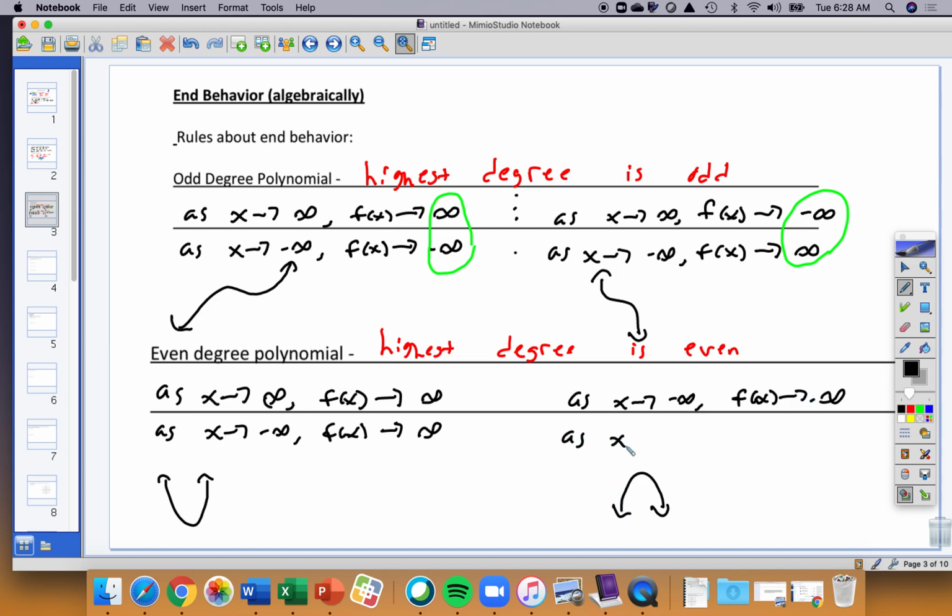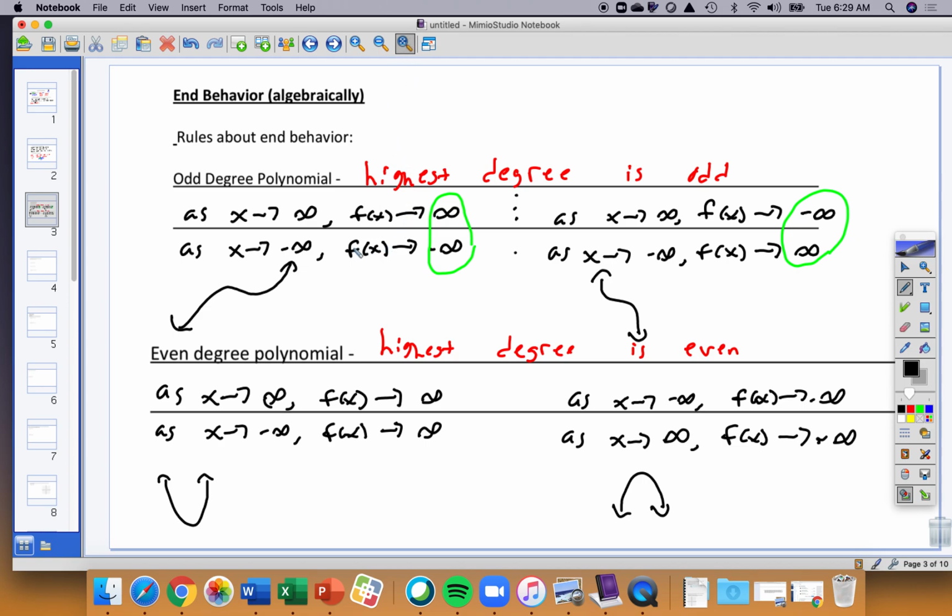Or as x approaches infinity, f of x approaches negative infinity. So I'm still going downwards. So I have the same end behavior, whereas here it's opposite, different directions. Now, how do I decide which one it is? If I have an odd degree polynomial, is it the first end behavior or second end behavior? Well, that all depends on the leading coefficient, the number in front of the highest degree.